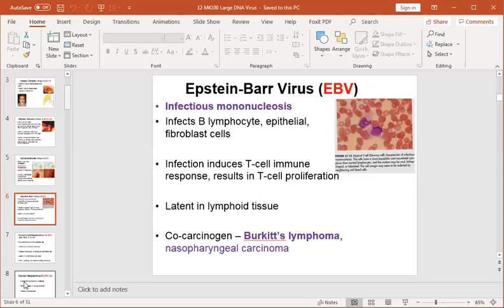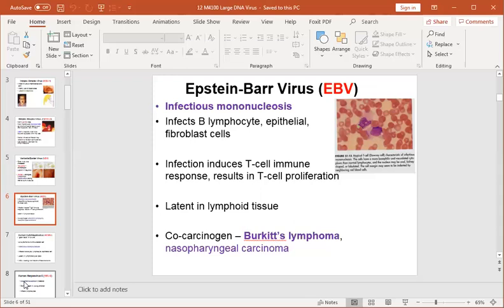And the virus, because it infects B lymphocytes, can remain latent in lymphoid tissues. Lymphoid tissues like lymph nodes, spleen, and Peyer's patches are where the immune cells reside, and they first encounter antigen there.